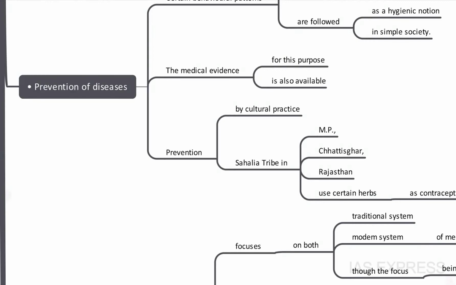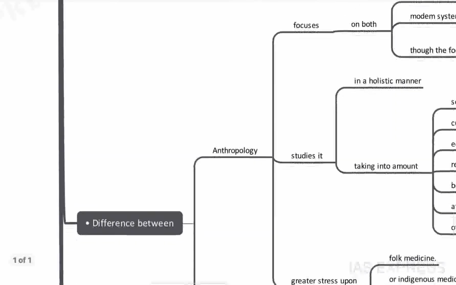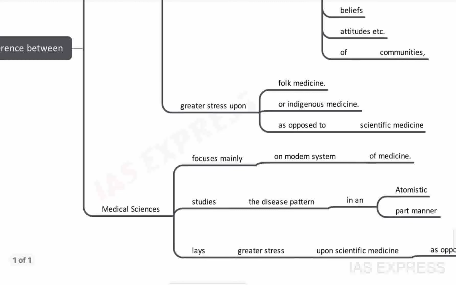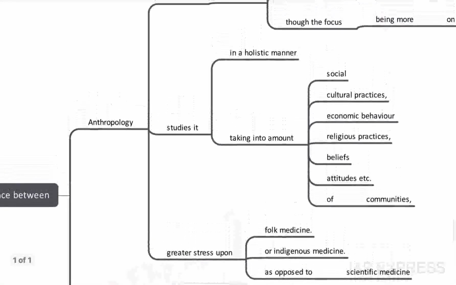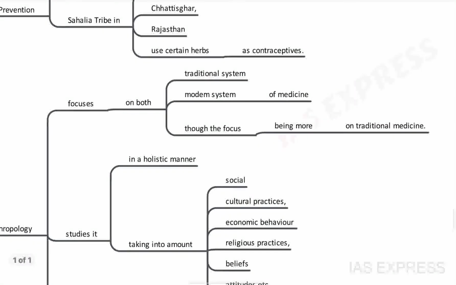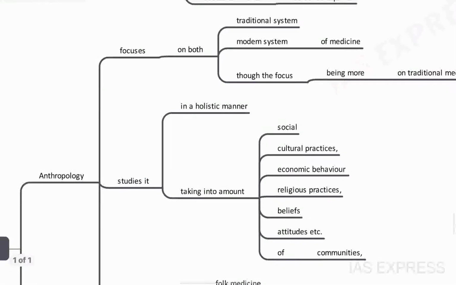Now, let us move forward. Let us move to the differences between anthropology and medical science. What are the basic differences between anthropology and medical science? See, anthropology actually focuses both on traditional medicine as well as the modern system of medicine, but here we know that more focus is given to traditional medicine, as I have told you about the branch of anthropology, that is medical anthropology.